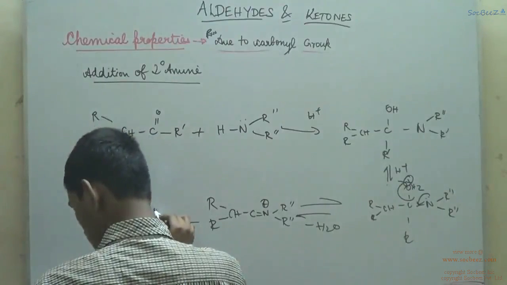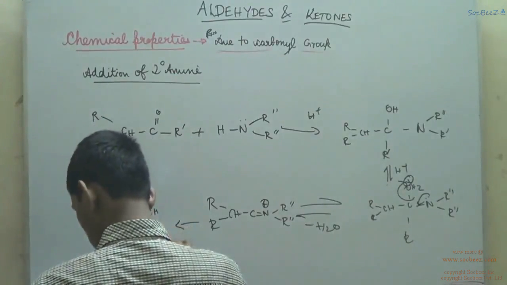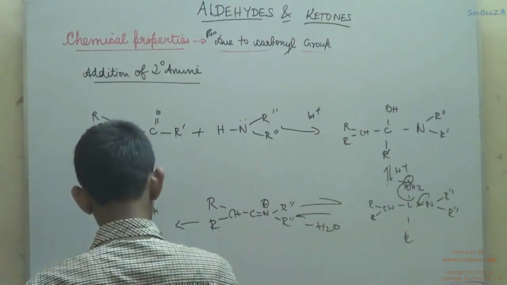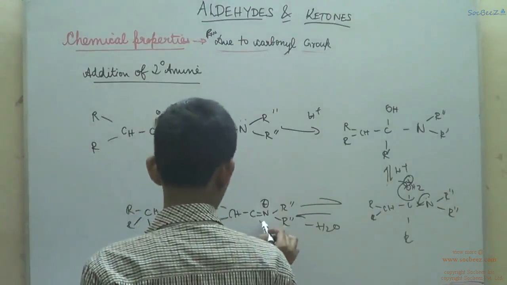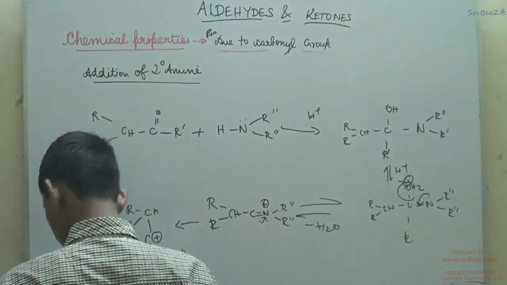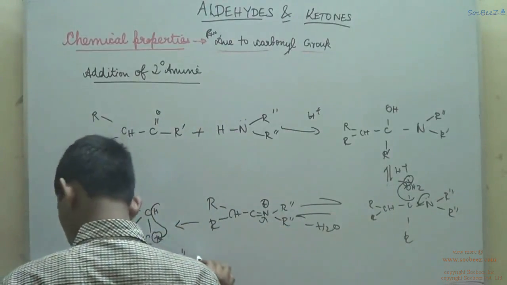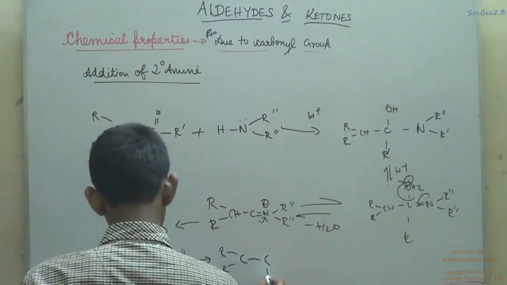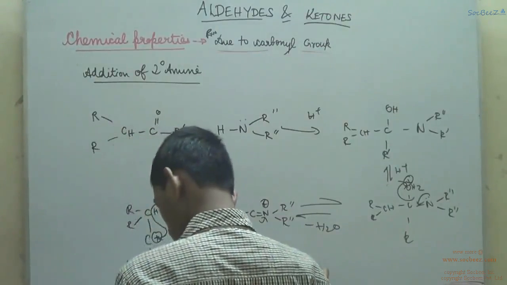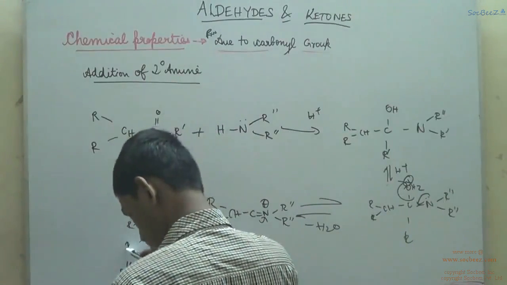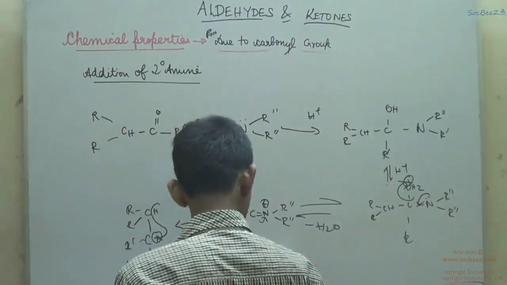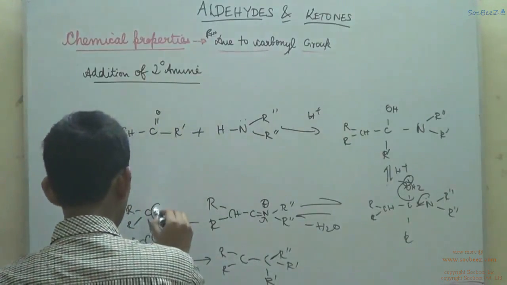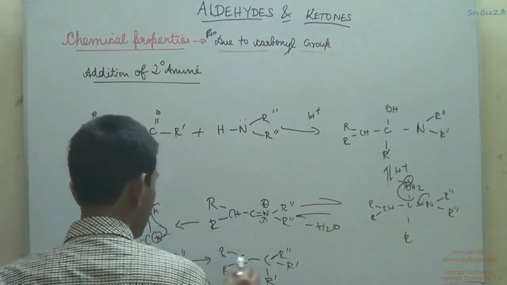R, CH, R, C, this pair basically shifts here, and then this H comes here, since this H comes here, this H goes, so this gets a negative charge and then a double bond is formed.